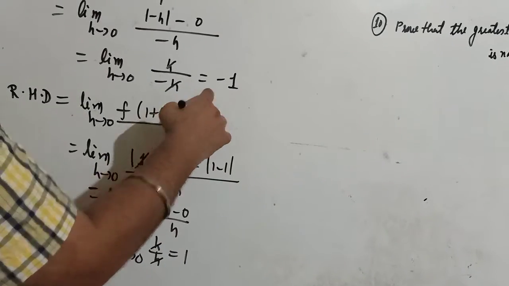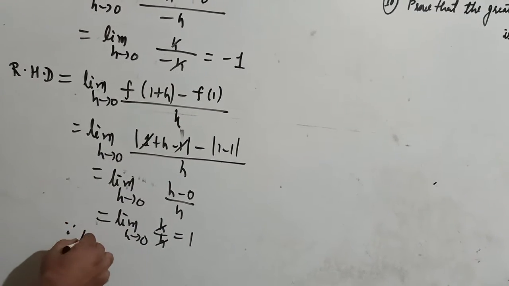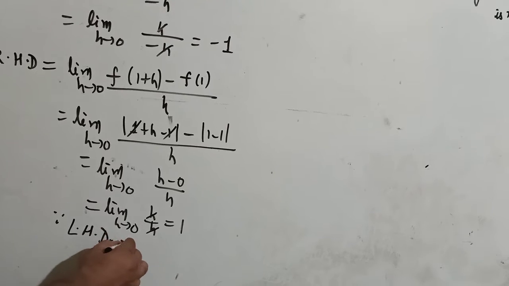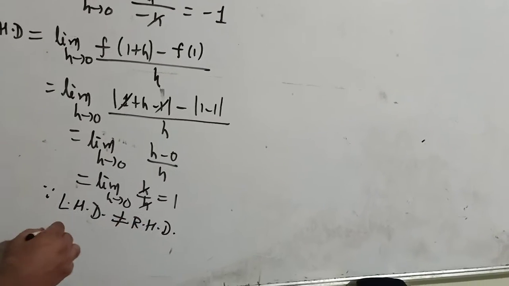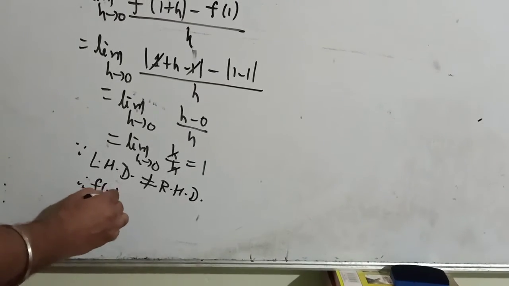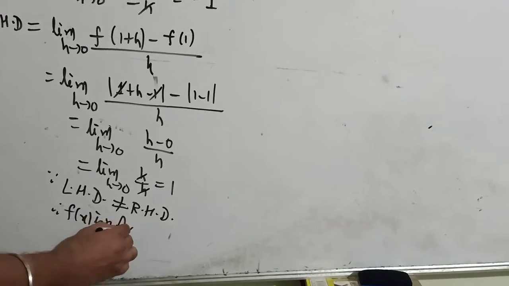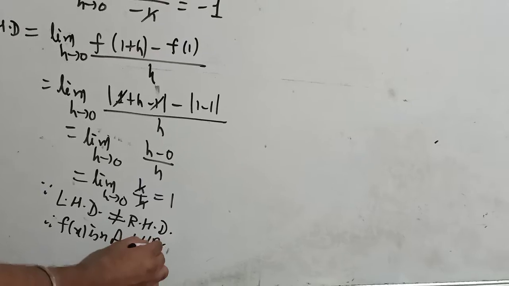So LHD is minus 1, RHD is plus 1. Therefore, LHD is not equal to RHD. Left hand derivative is not equal to right hand derivative. Therefore, f of x is not differentiable at x equal to 1.